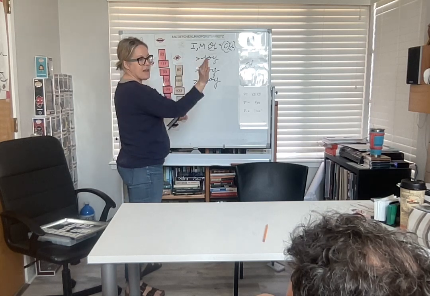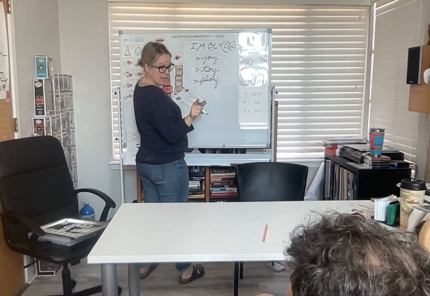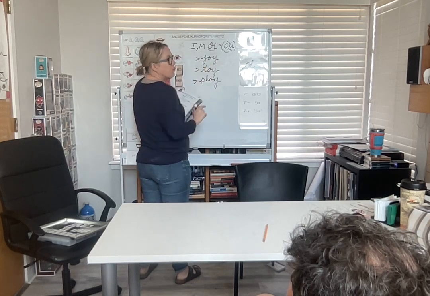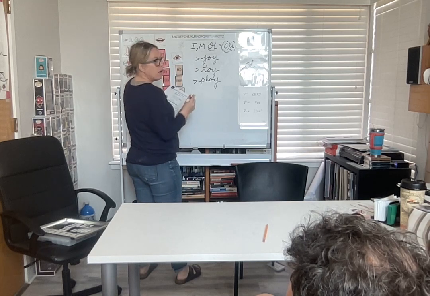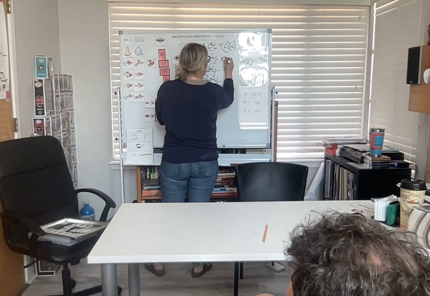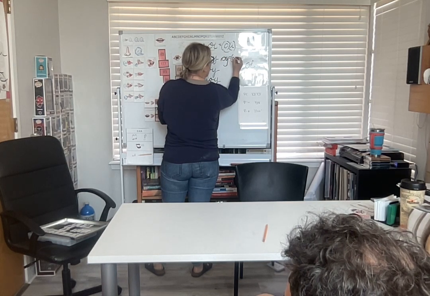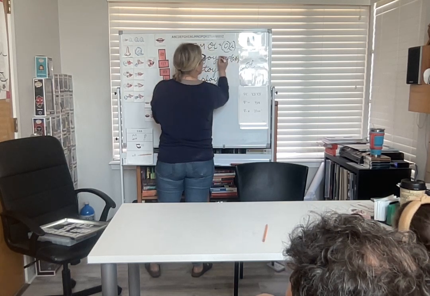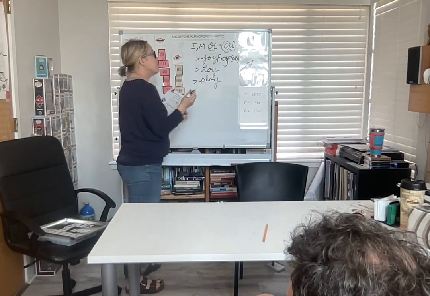What do we call the end? It's in the final position. So in the final position, when we have oi, how is it spelled? O-Y. So when we see O-Y, we read that as oi when it's in the final position.